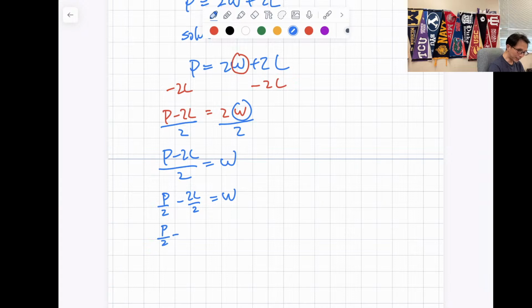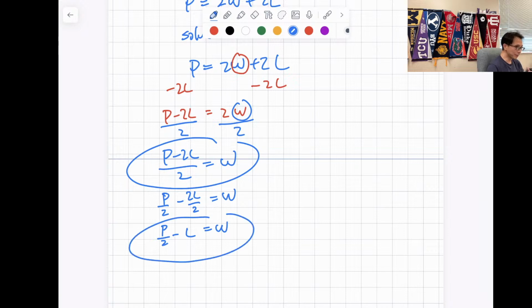It could be like this. Now this solution is acceptable. This solution is also acceptable. Sometimes you get those solutions. Is that okay? Does everybody understand what's going on?